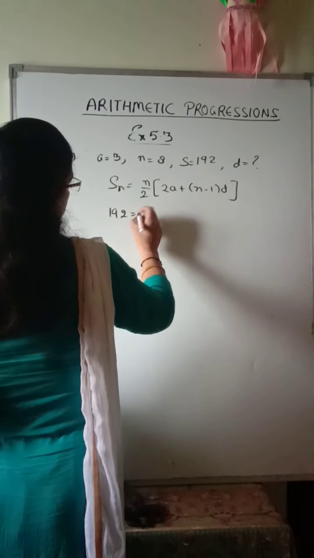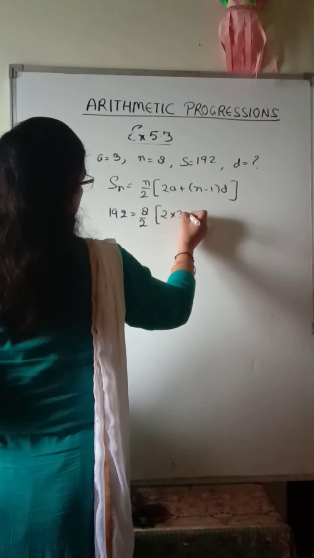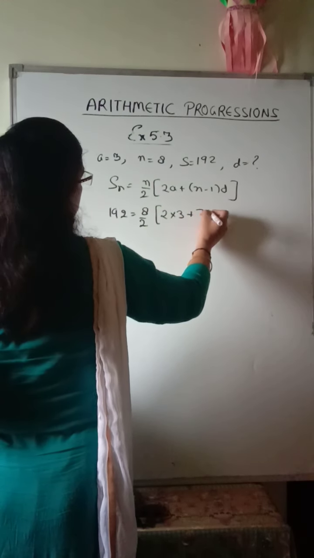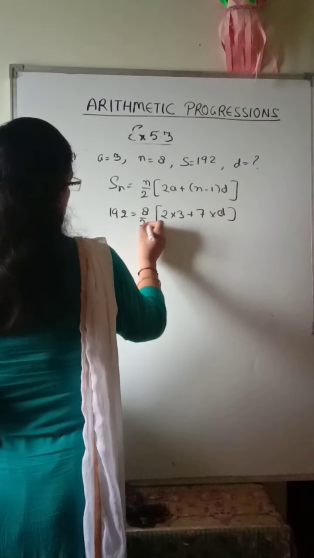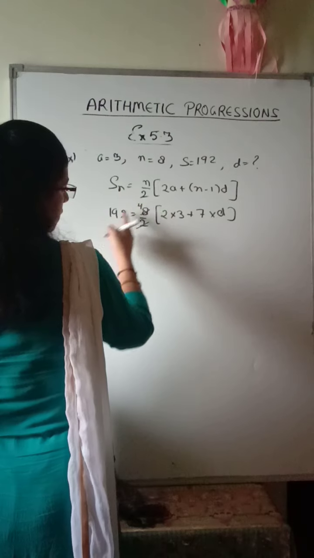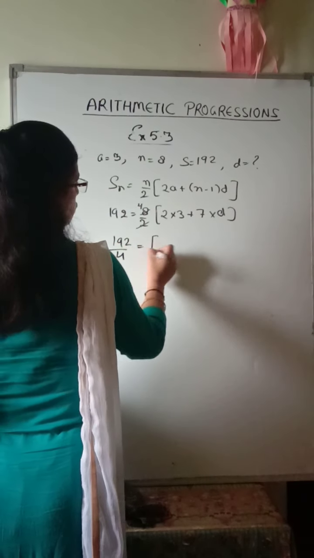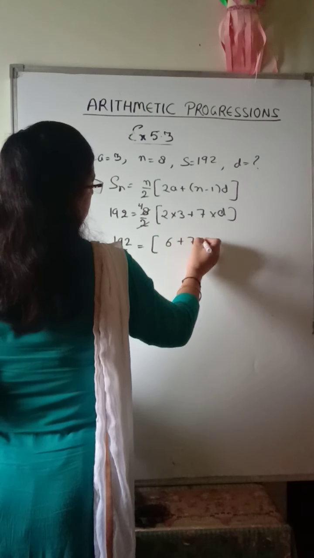तो sum of 8 terms है, ठीक है. So 2a 3 plus n की वैल्यू 8 minus 1 7. d you have to find. 2 4s are 8. तो 4 को यहाँ ये ब्रैकेट के बाहर है तो इन मल्टीप्लिकेशन में यहाँ के we can write 192 upon 4 equals to 3 2s are 6 plus 7d.